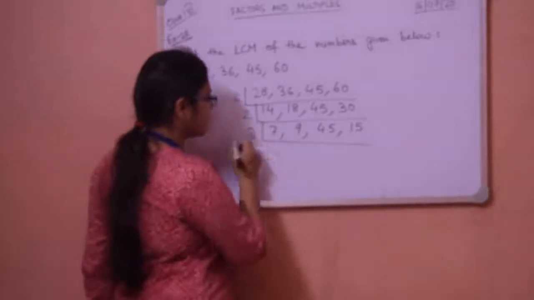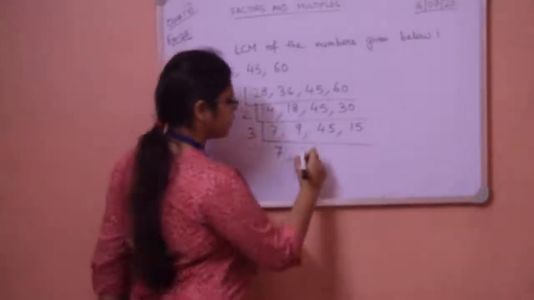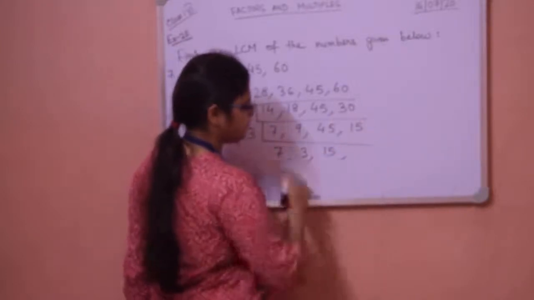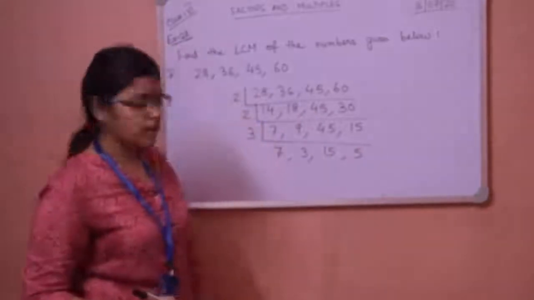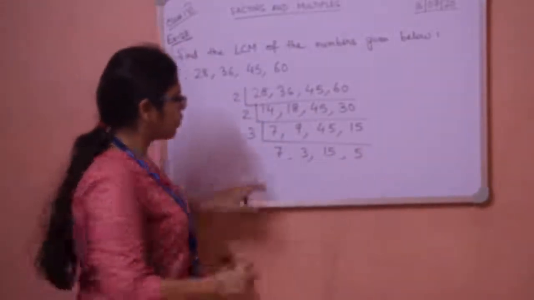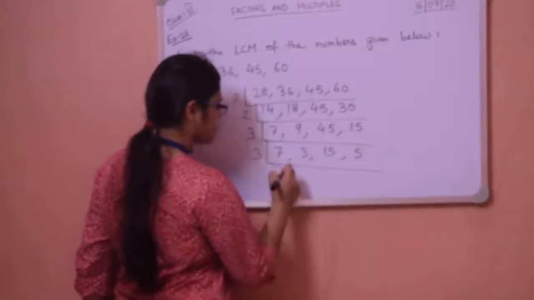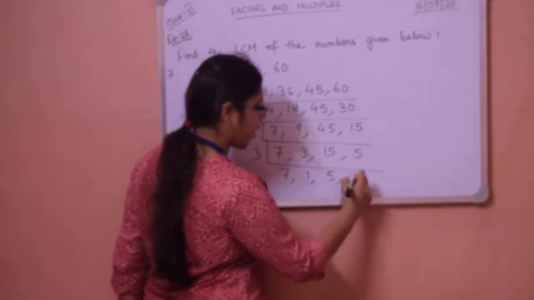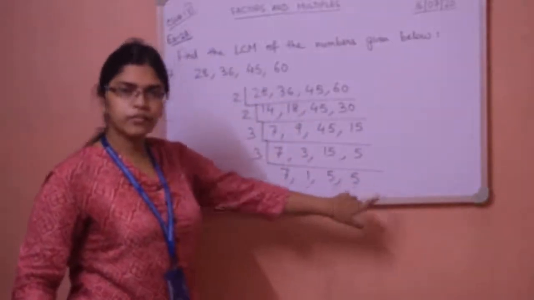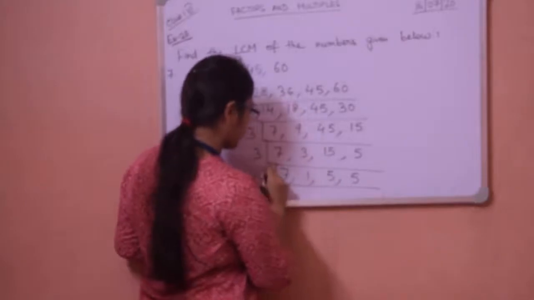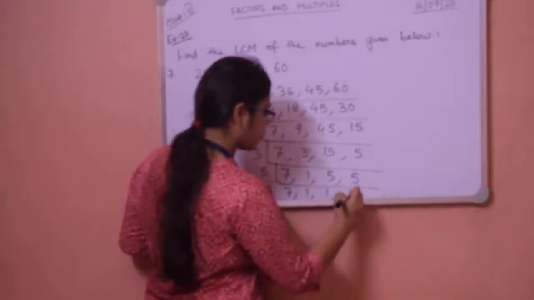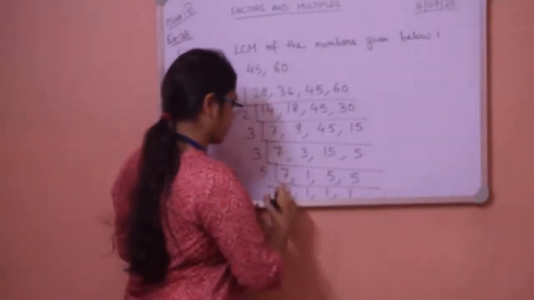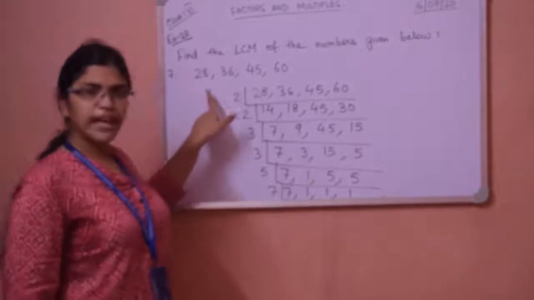So I am taking 3 here, 7 we will copy down, 3, 15, 5. Again we can divide this with 3. So 7 we cannot divide. Here we are getting 1, 5 and 5. Again with 5 these two can be divided. So 7, 1, 1, 1. So all are getting 1, then with 7 we can divide. Okay, so these will be the LCM of the numbers.